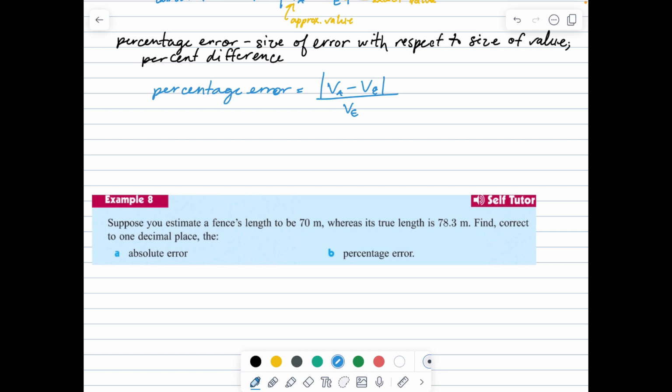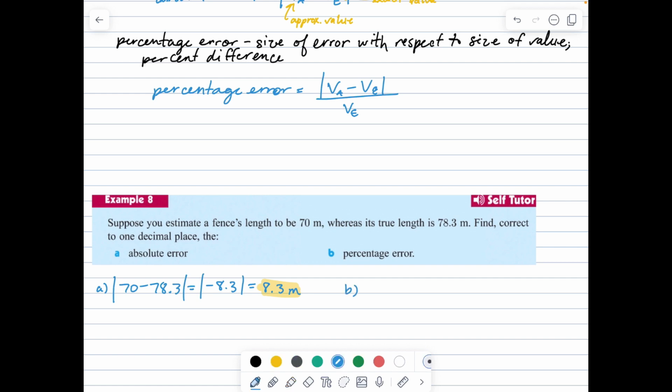Again, order doesn't matter that much here, but for A, approximate is 70, exact is 78.3. We take the absolute value of that, which, that difference is negative 8.3, but when you take the absolute value, it's just 8.3 meters. So that's the answer for part A. 8.3 meters is the error.